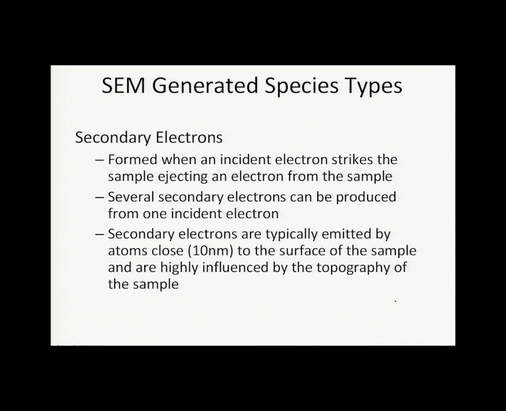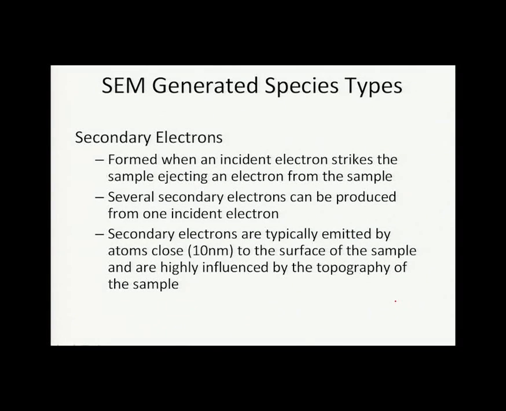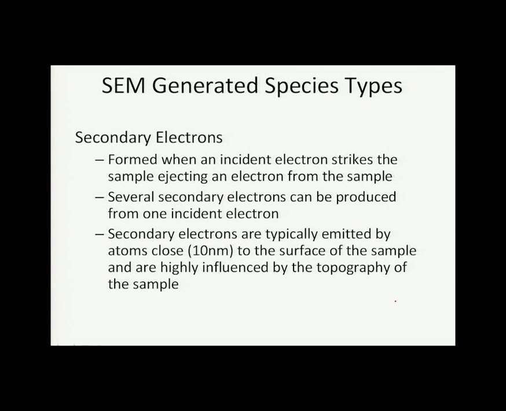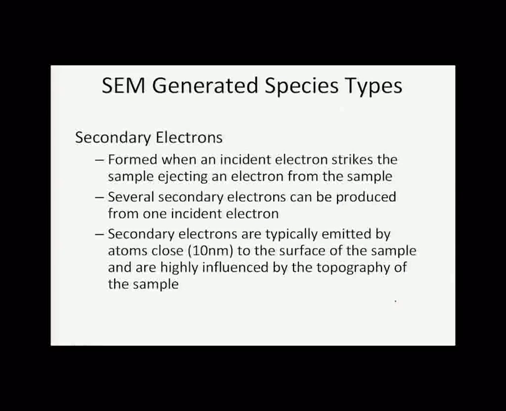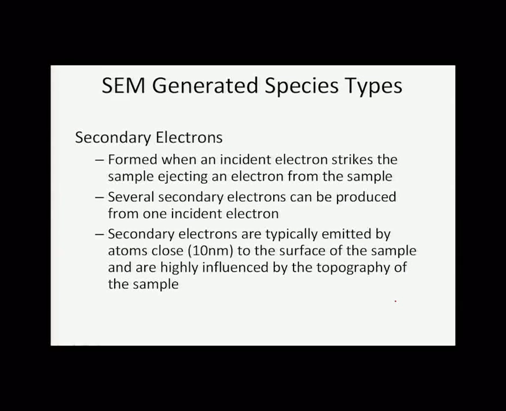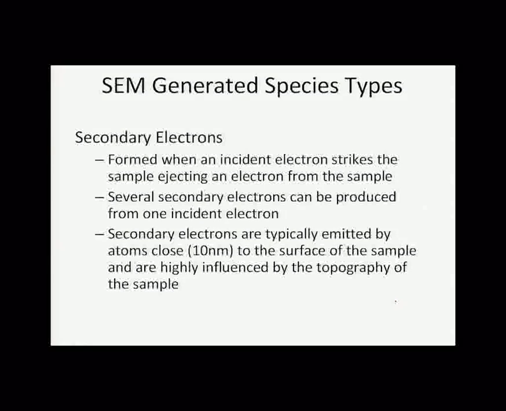Another type of species generated by SEM is secondary electrons. These are formed when an incident electron strikes a sample, ejecting an electron from the sample. Several secondary electrons can be produced from one incident electron. Secondary electrons are typically emitted by atoms close to the surface of the sample and are highly influenced by the topography of the sample.